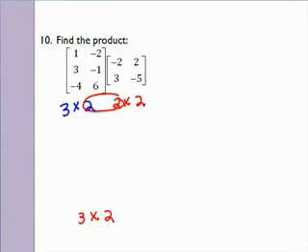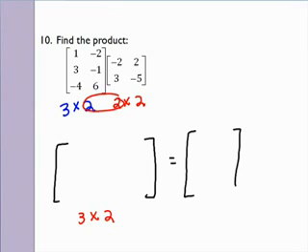Okay, so when I do this, I actually show my work. So I'm going to make a great big matrix, and then over here I'm going to make it smaller where I simplify it. Okay, so your first row by column, you end up with -2 minus 6, which gets me a -8.